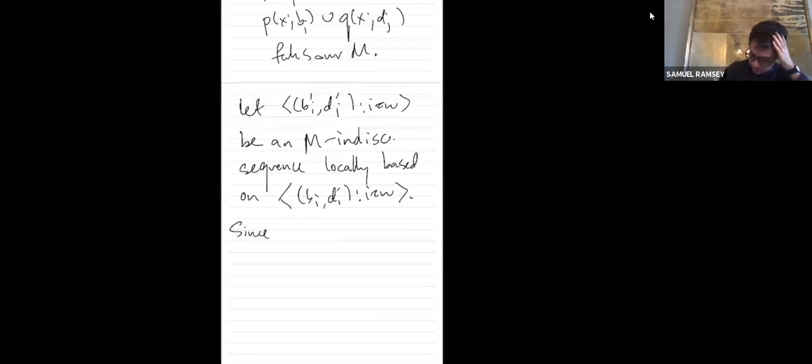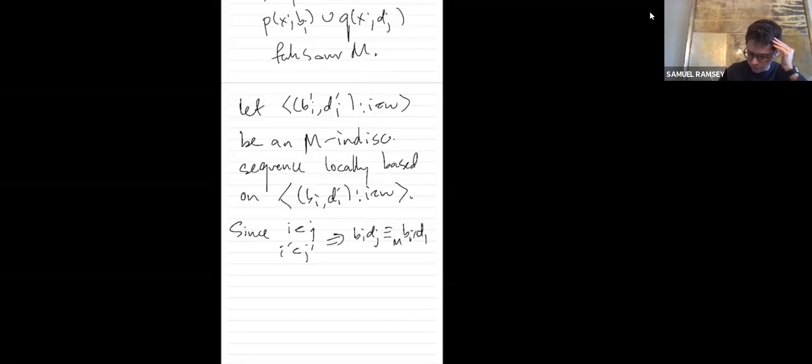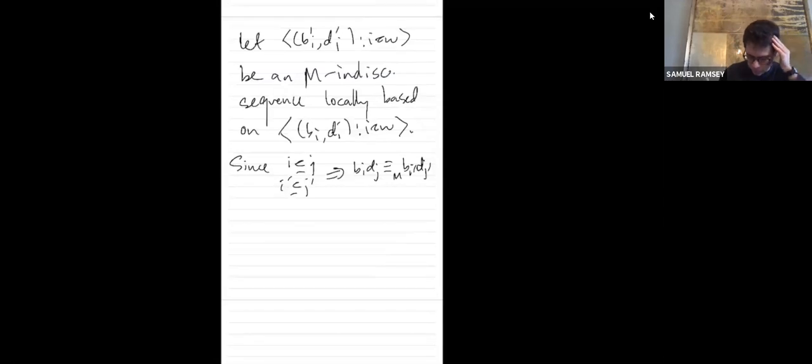Since i less than j and i' less than j' implies that if you look at B_i D_j, that has the same type over M as B_i' D_j'. And I could have written less than or equal to here. Well, it doesn't matter, whatever. And vice versa for i greater than or equal to j.